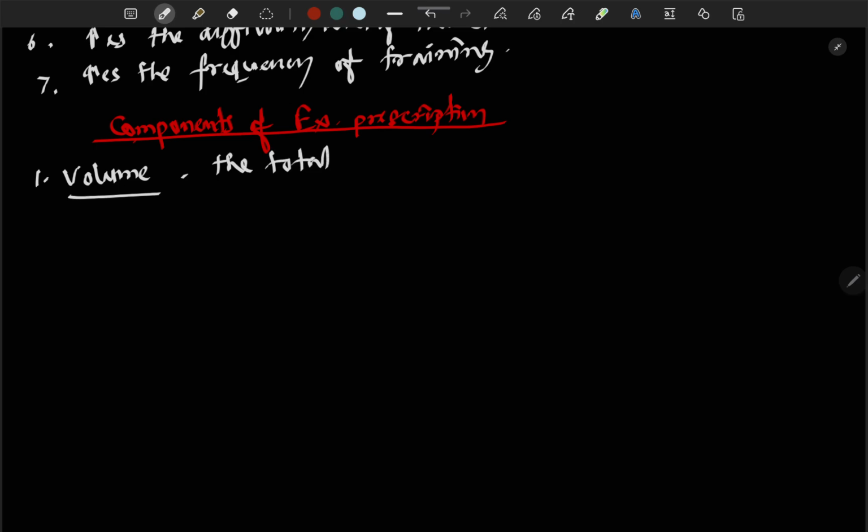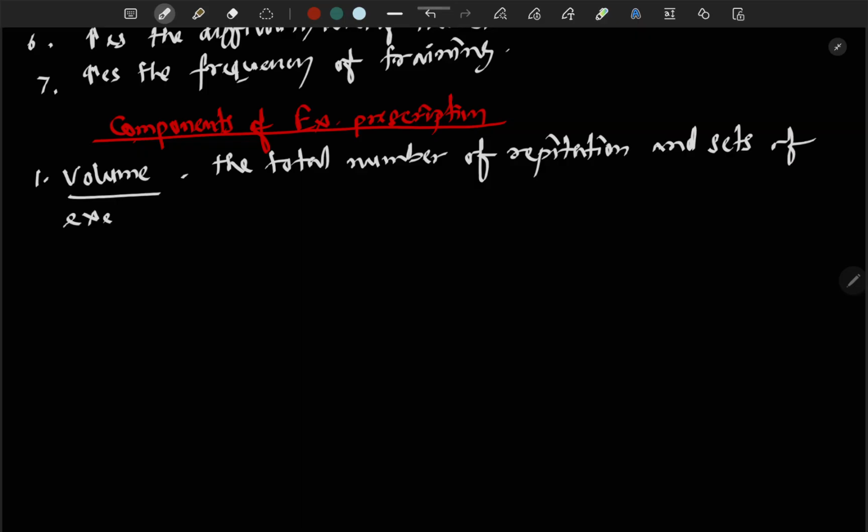The total number of repetitions and sets of exercise performed during a single exercise session.